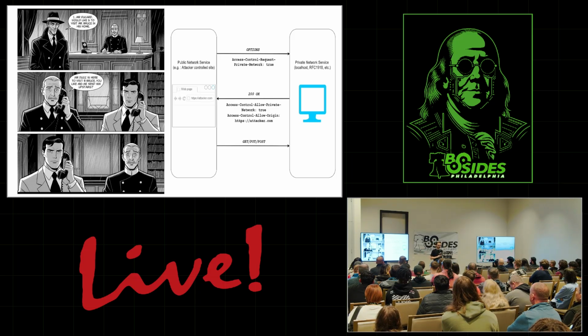Only if that private resource responds back with a 200 OK with the explicit header Access-Control-Allow-Private-Network as true, and it reflects back the origin, only then does the browser know that this private connection is authorized by the private resource itself.